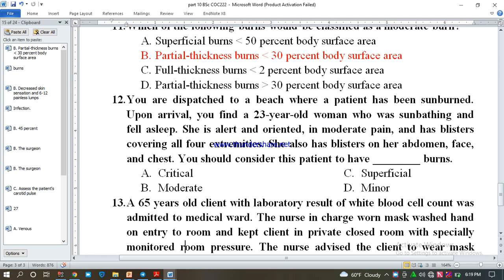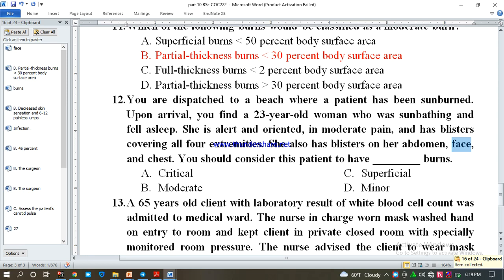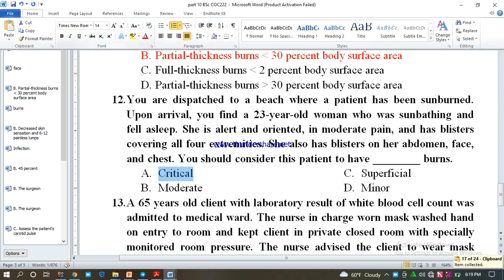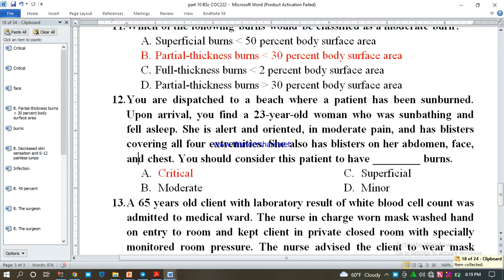You should consider this patient to have which burn: critical, moderate, superficial or minor? Since it covers the face, chest and respiratory area, these types of burns are critical.